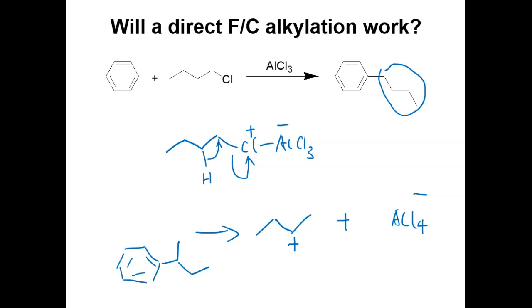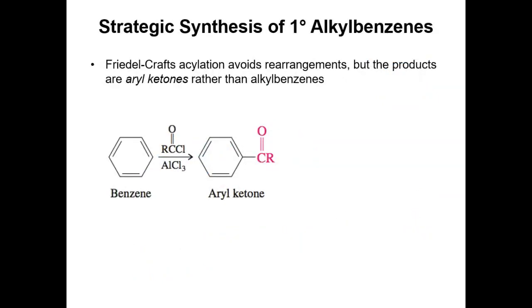So if you directly take this one, you get this product. It won't work, because primary carbocation formation is just impractical; it will find a way to rearrange to something else. That means direct alkylation won't work. So how do you do that? We know that Friedel-Crafts acylation does not involve a rearrangement, so technically you could get the primary carbon attached to the aromatic ring.